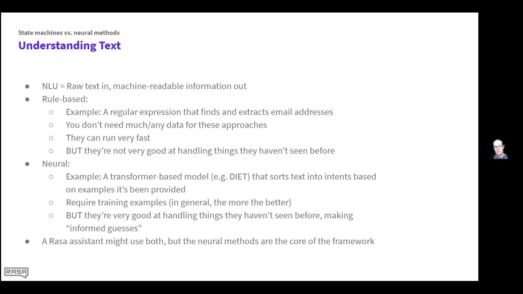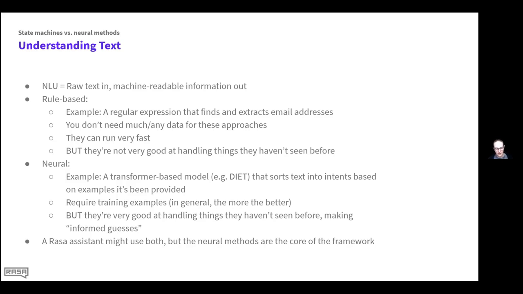And that model is transformer-based. And so the downside of that is that it requires training examples, which means that you have to create and annotate those training examples. And the more like the training examples are to the actual data that you are seeing in production, the better. And if you can get the actual data that you're going to see in production and use that, that's the best. And we'll touch on that in a bit.